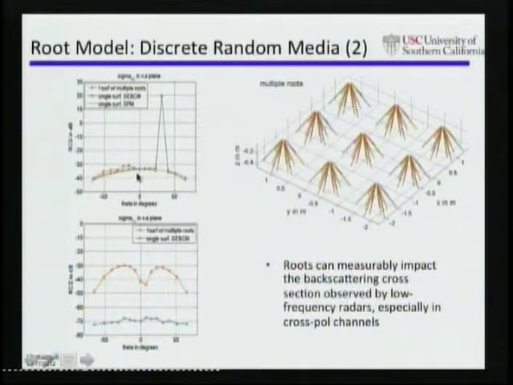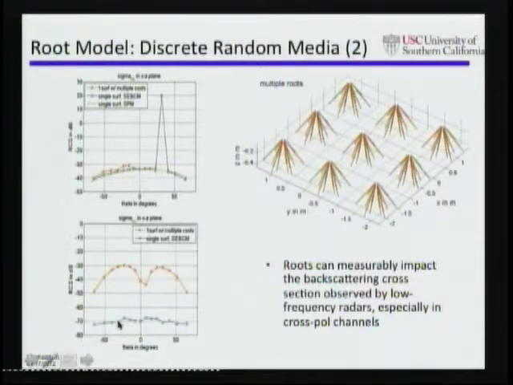The figures on the left show you the sensitivity. You see that presence or lack of presence of the roots makes a pretty significant difference, especially in the cross-polarized channels of the radar. The top picture is the co-pol channel of the radar, and even then, you see several dB of variation with and without the roots.